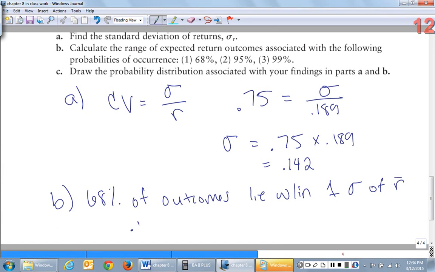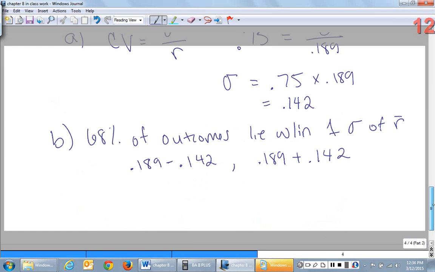So we have 18.9% minus our standard deviation of 14.2% and 18.9% plus our standard deviation of 14.2%. So 68% of our observations will lie between 4.7% and 33.1%.